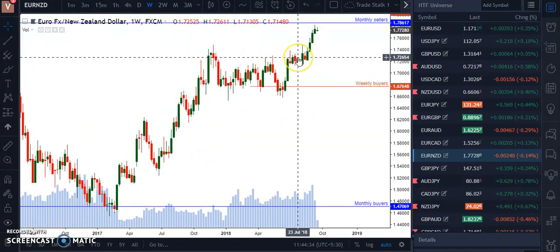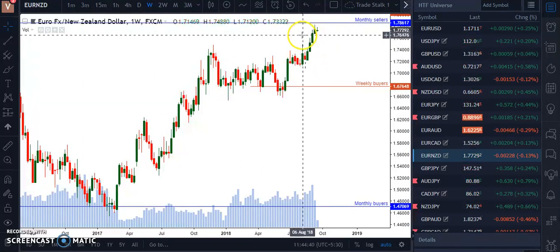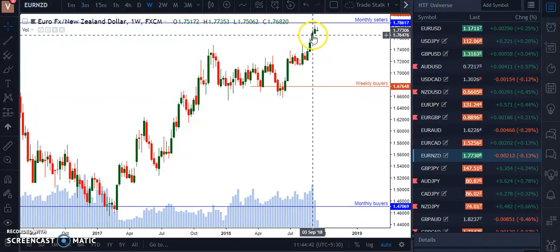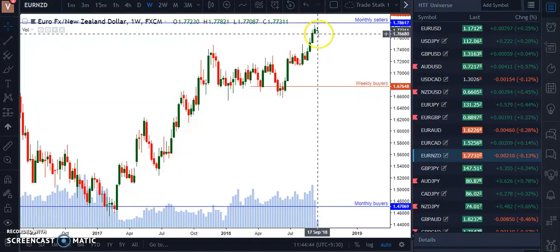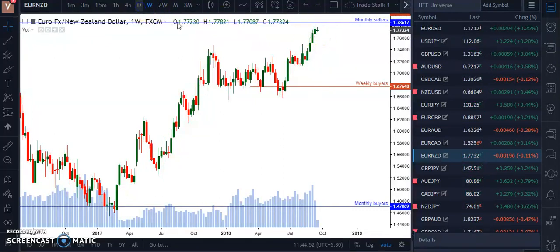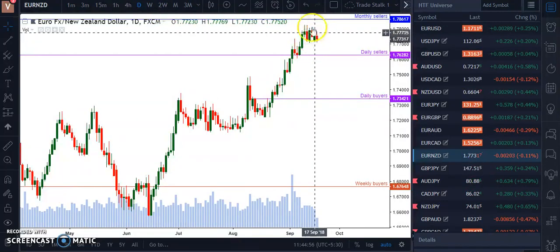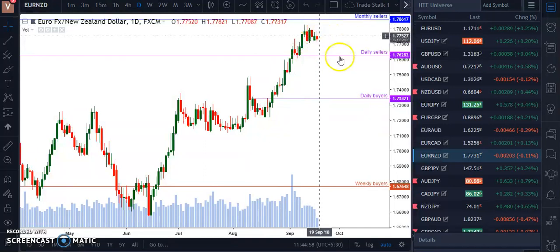Euro New Zealand, again, the week before this, it was actually one of my picks to buy and ride, because around here I thought there was still some space to go up. It was not a very high conviction pick, but it still worked quite well. But now I'm anticipating that there is a down move due, especially since I saw some consolidation over here.